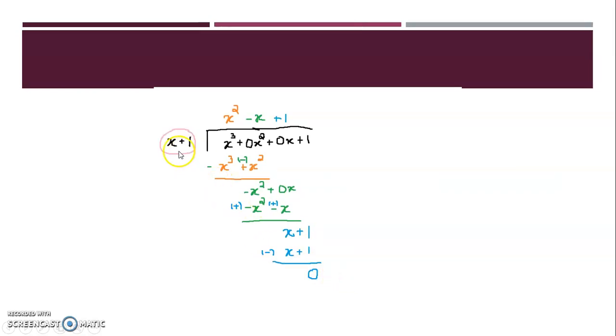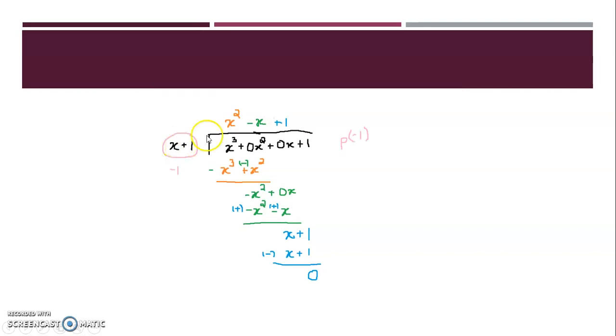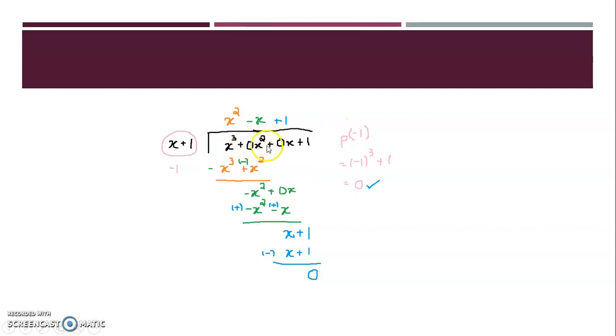So we look at the divisor. The 0 in this case is minus 1. Because when we equate it to 0, x is equal to minus 1 is the 0 of the divisor x plus 1. So now we take the dividend p of x, and we substitute the 0 of the divisor inside the dividend. So what do we get? Minus 1 cube, 0x square, these two terms are not there, plus 1.